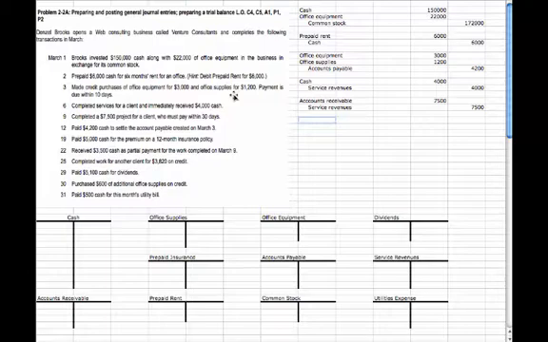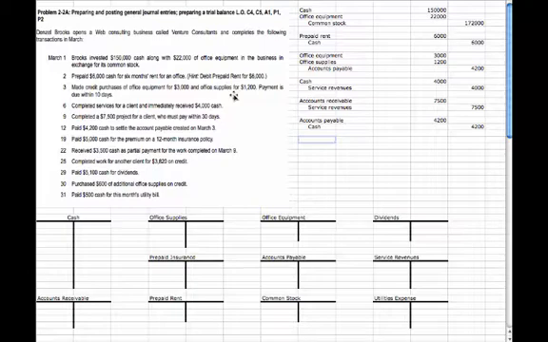We decrease liabilities with debit entries, so we're going to debit accounts payable in the amount of $4,200, and we paid that accounts payable with cash, and so we're going to decrease our cash account by $4,200.